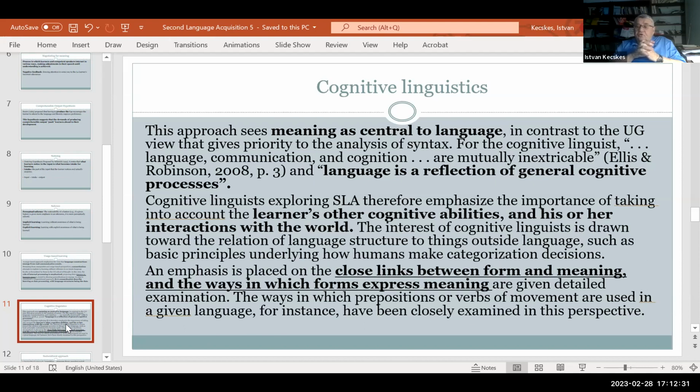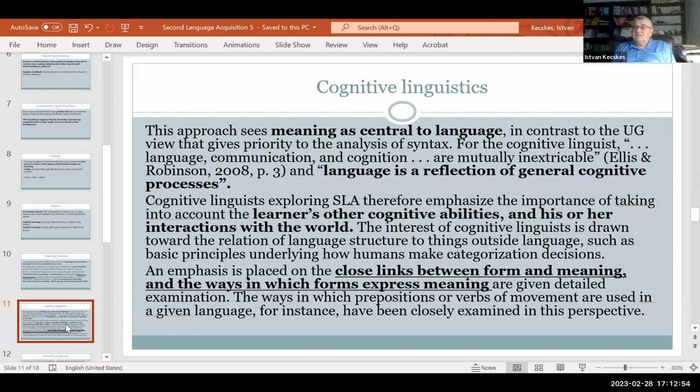And of course, as far as language learning is concerned, they emphasize that there is a very close link between form and meaning. So basically, forms express meaning, and meaning is expressed by forms.